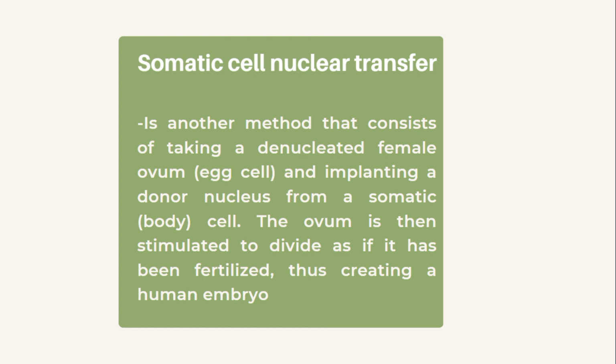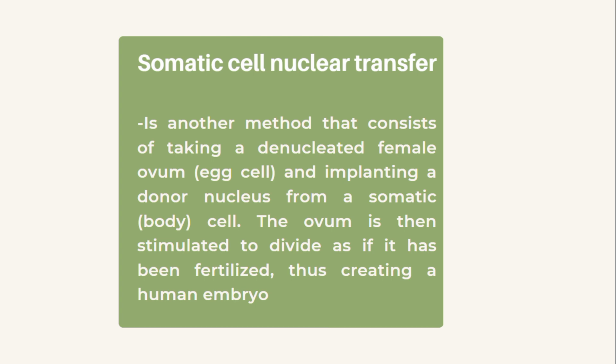Then we have the somatic cell nuclear transfer. It is another method that consists of taking an enucleated female ovum and implanting a donor nucleus from a somatic cell. The ovum is then stimulated to divide as if it is being fertilized, thus creating a human embryo.